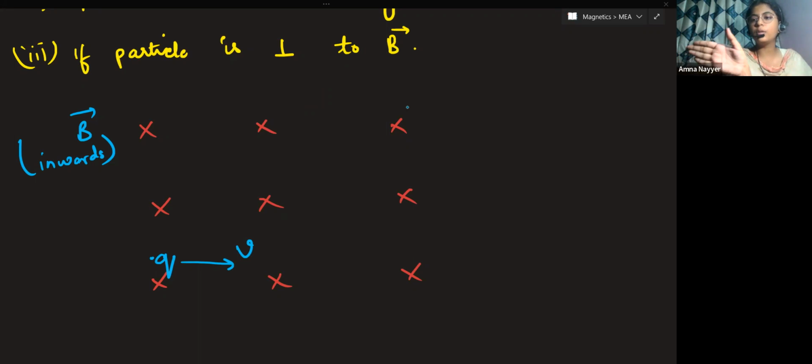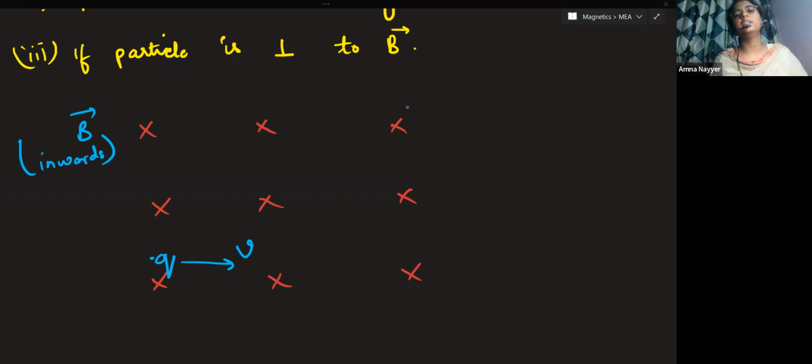When you keep your hand in the direction of velocity and curl inwards, the thumb is pointing upwards. How are you getting inwards or outwards? Inwards means along the magnetic field. You have to keep your hand in the direction of velocity and curl inwards because the magnetic field is inwards.